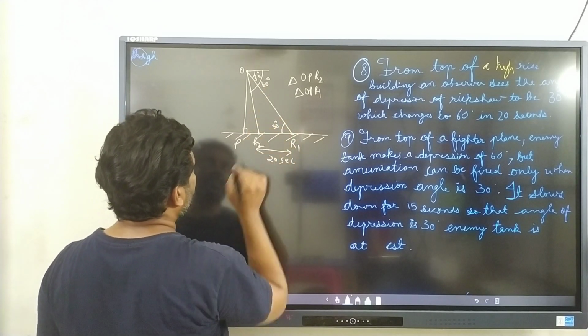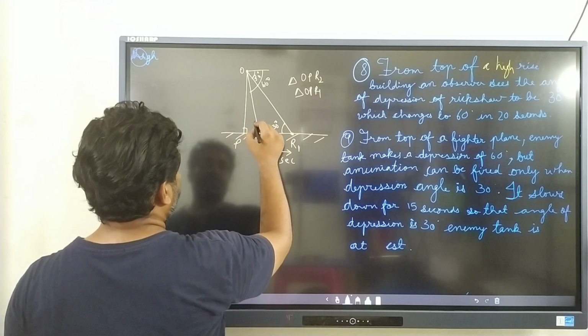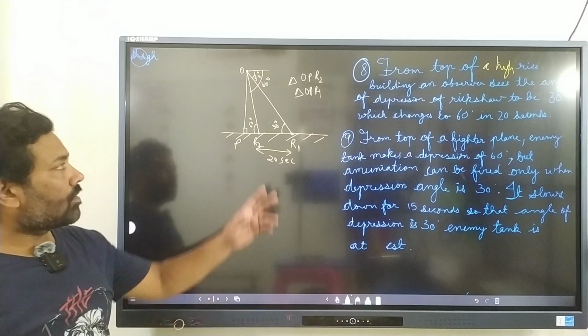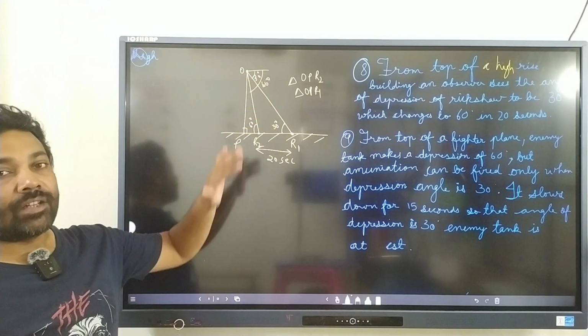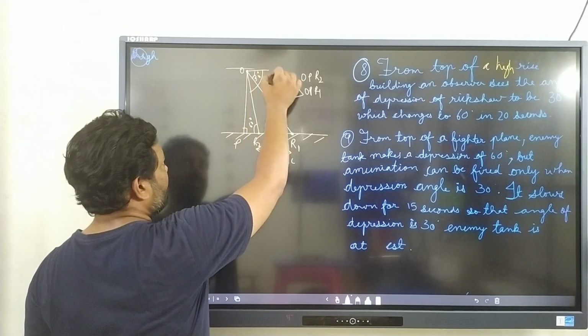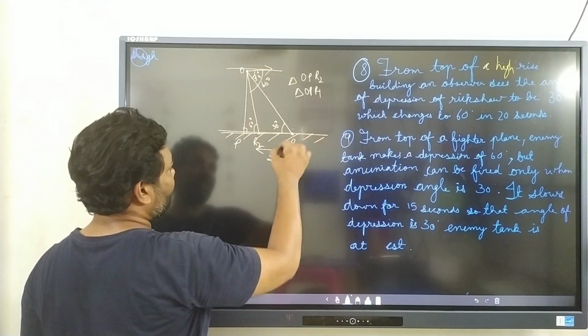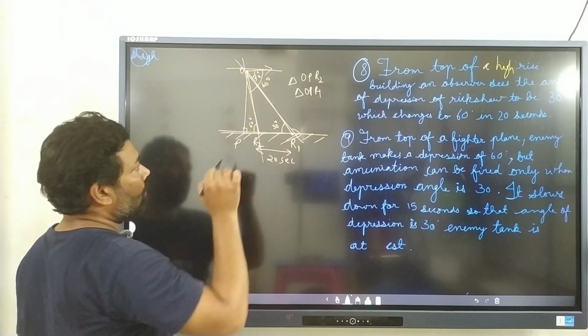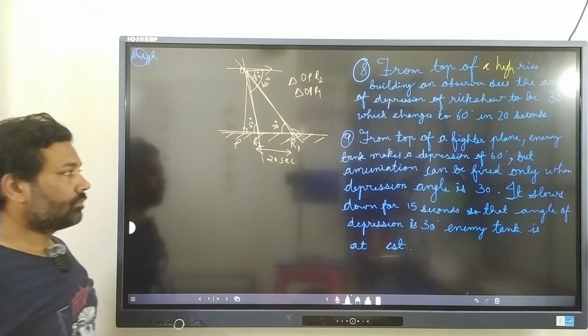So this one is 60 degrees and we'll have this one also as 60 degrees, alternate angles. So changing depression to elevation, alternate angle is the relation you must keep in mind, right? This line and this line are parallel. Either OR1 is a transversal or OR2 is a transversal.